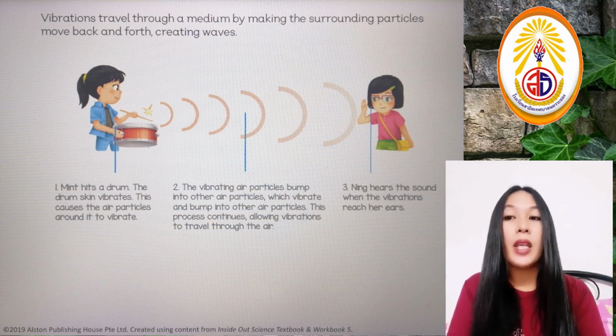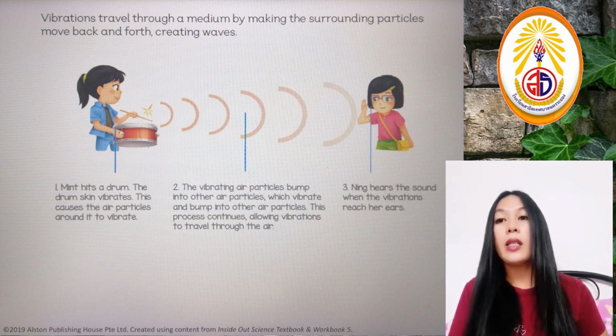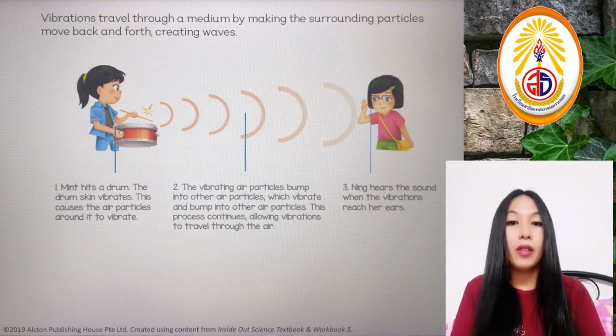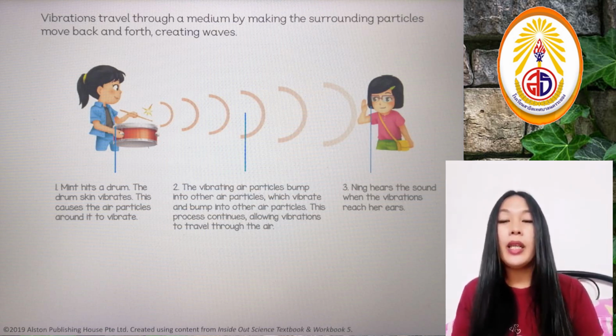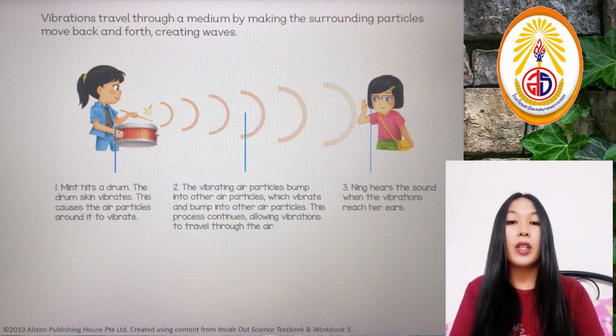So the vibrating air particles bump into other air particles, which vibrate and bump into the other air particles. This process continues, allowing vibrations to travel through the air. So basically, the vibrations are traveling through air particles. So Ning hears the sound when the vibration reaches her ears.